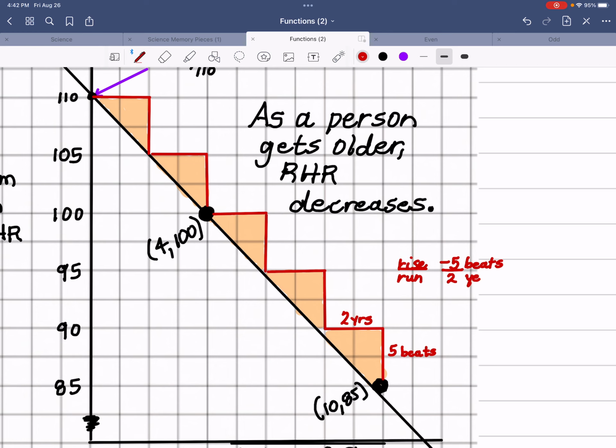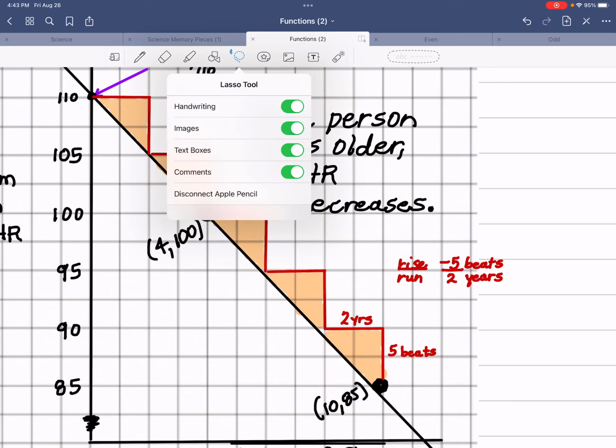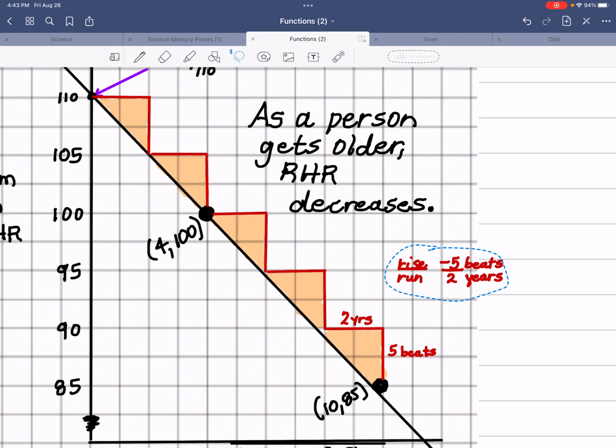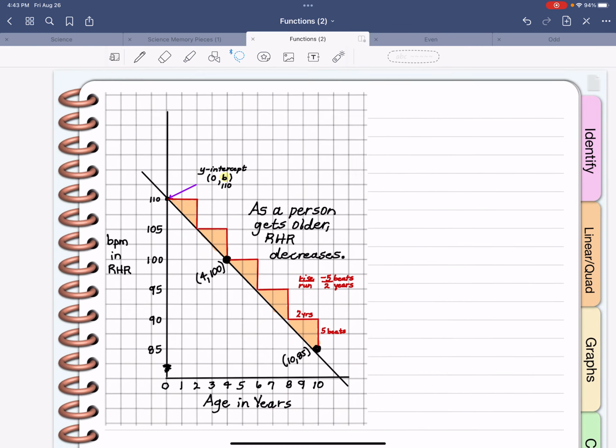That's what this graph is ultimately telling us. Sure, it's changing over time, but how is it changing? That's the question we're looking at. How is it changing over time? What is that pattern over time? And it is negative 5 beats, drop 5 beats every 2 years.